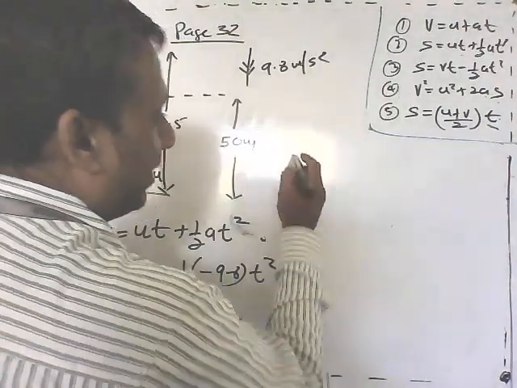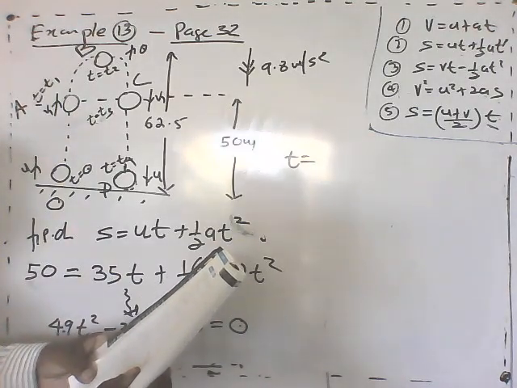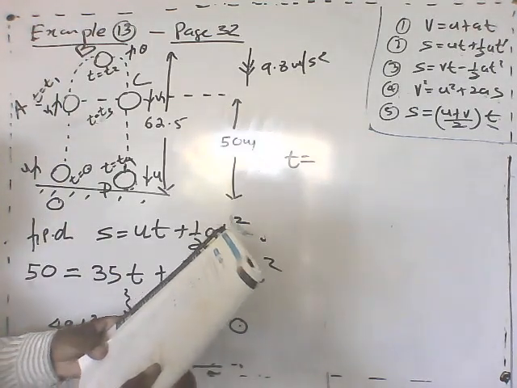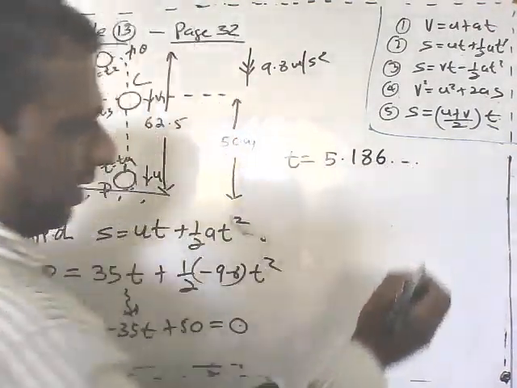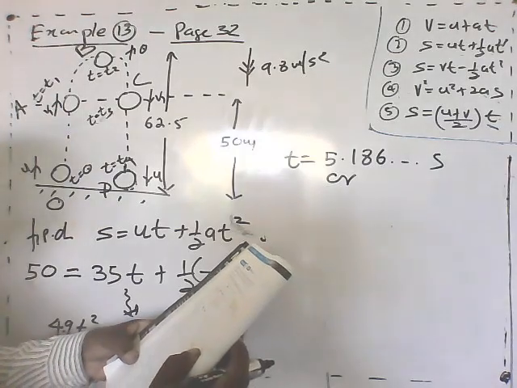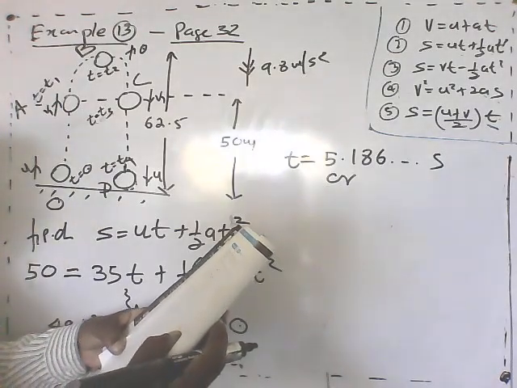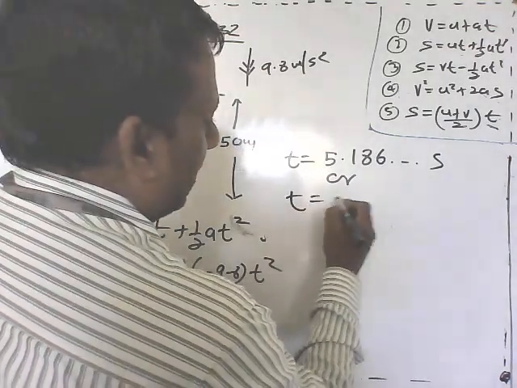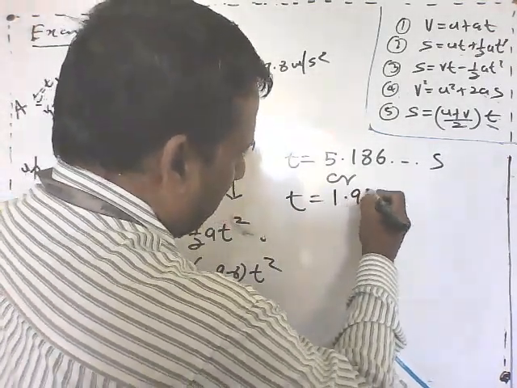So T is equal to 5.186 something seconds, or T is equal to 1.97 something.